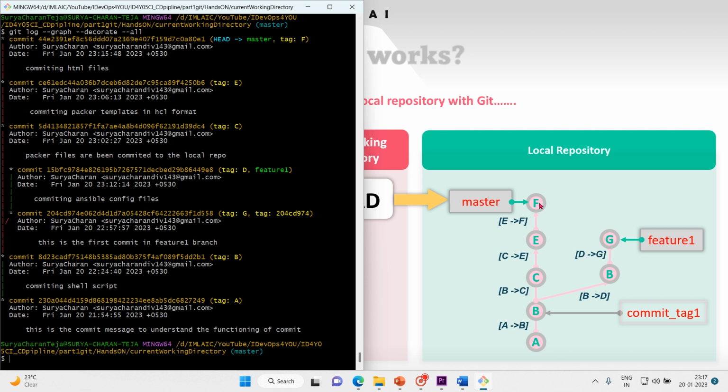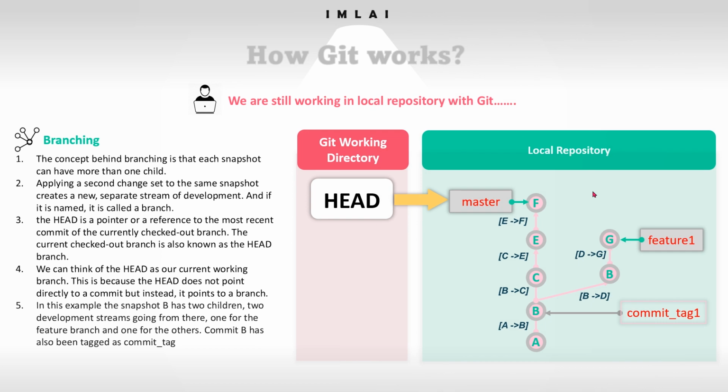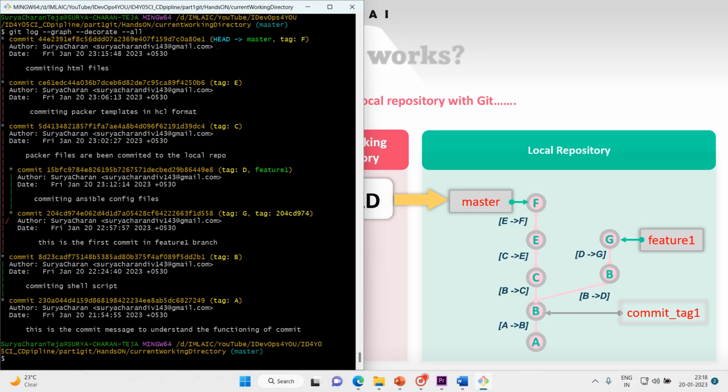Total 5 commits belong to master branch and 2 commits belong to feature1 branch. And if you see here, the HEAD is pointing towards the master branch, so this is the condition.